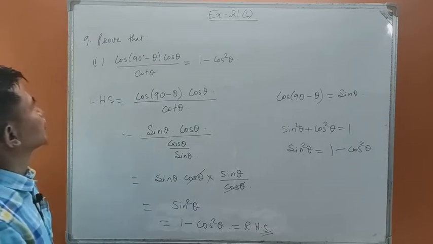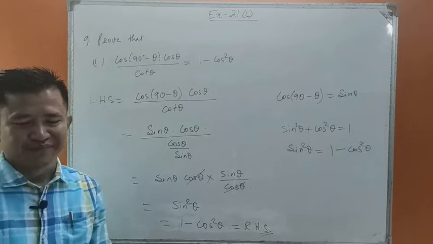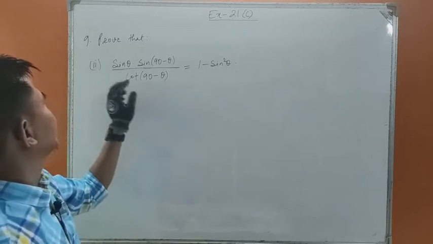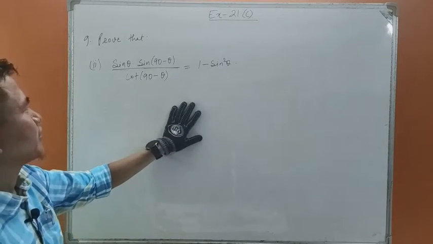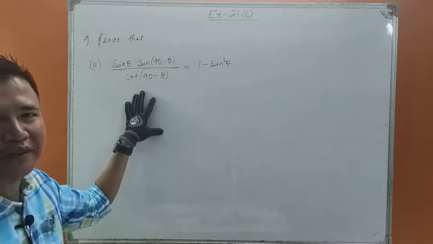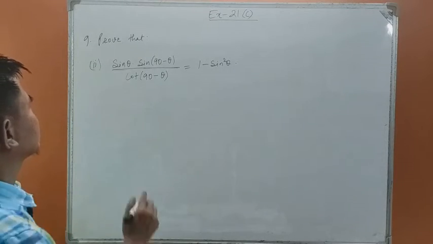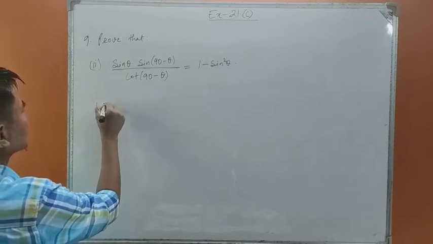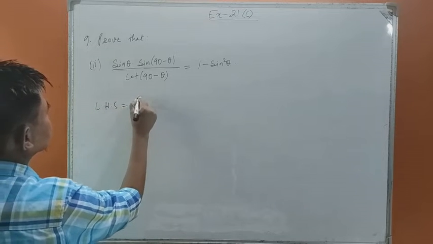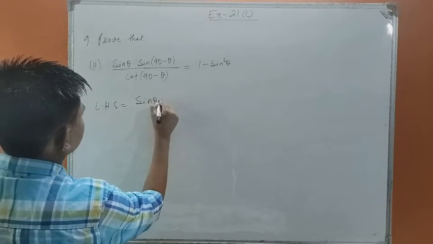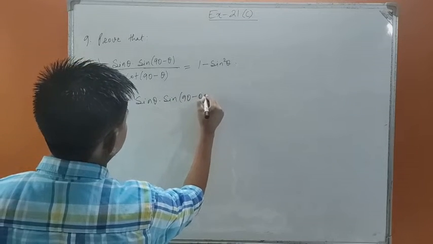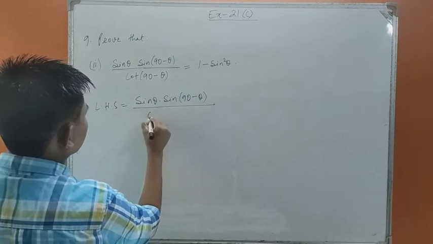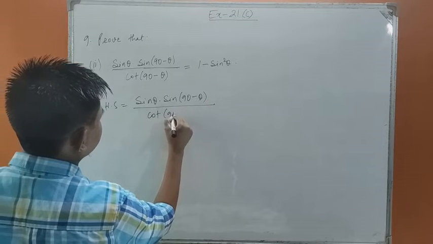So let's do another question, question number 2 of 9. We are asked to prove this equals 1 minus sin square theta, isn't it? So this question is very similar to the previous one. So let's do this also. LHS equals, we have sin theta into sin 90 minus theta whole upon cot 90 minus theta.